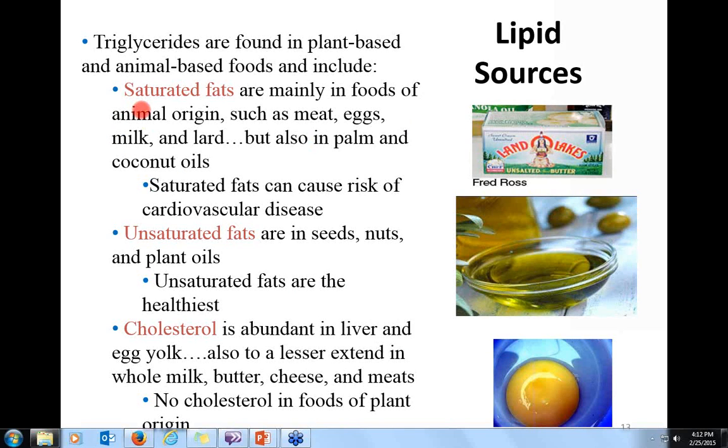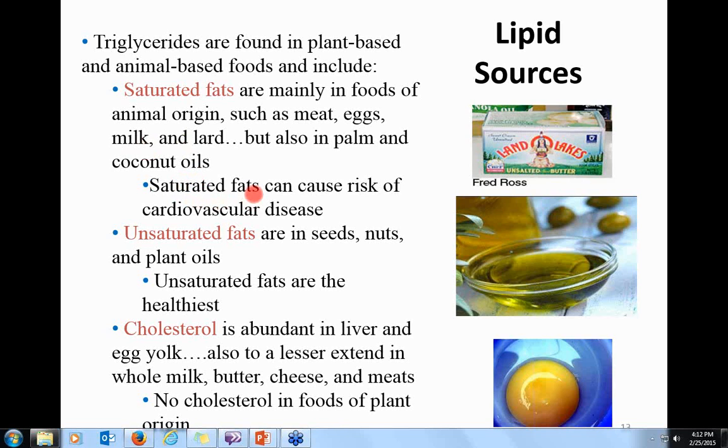Okay. Now, the triglycerides vary as far as what their source is. Saturated fats are found mainly in fats of animal origin, such as meat, eggs, milk, and lard.